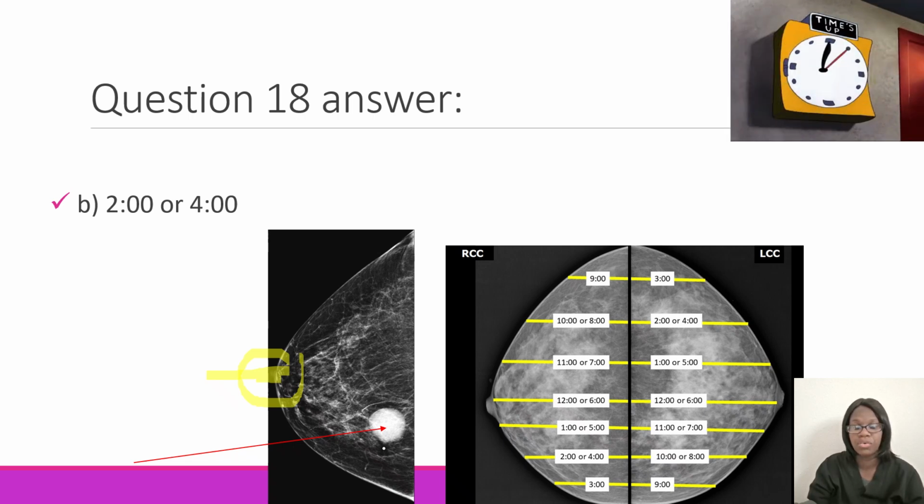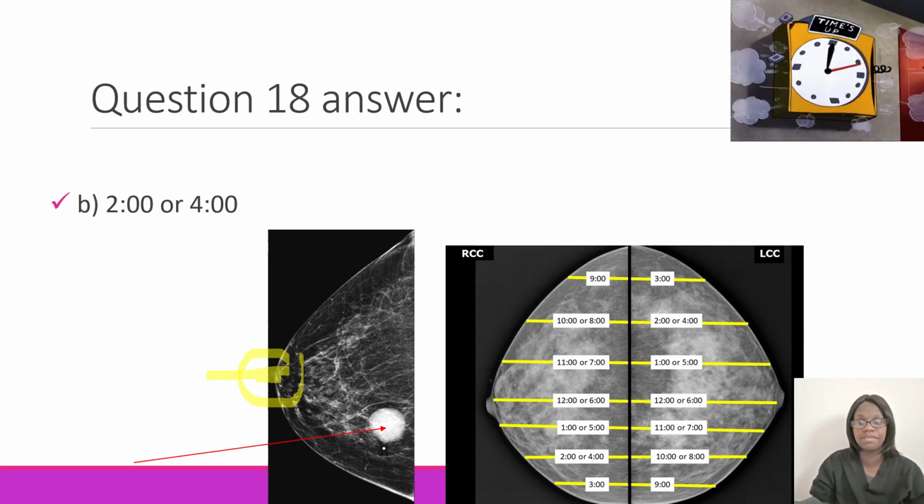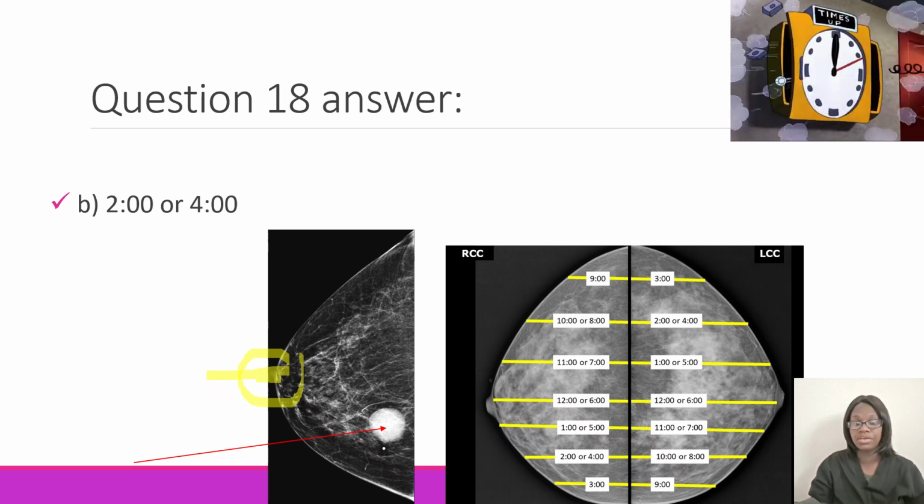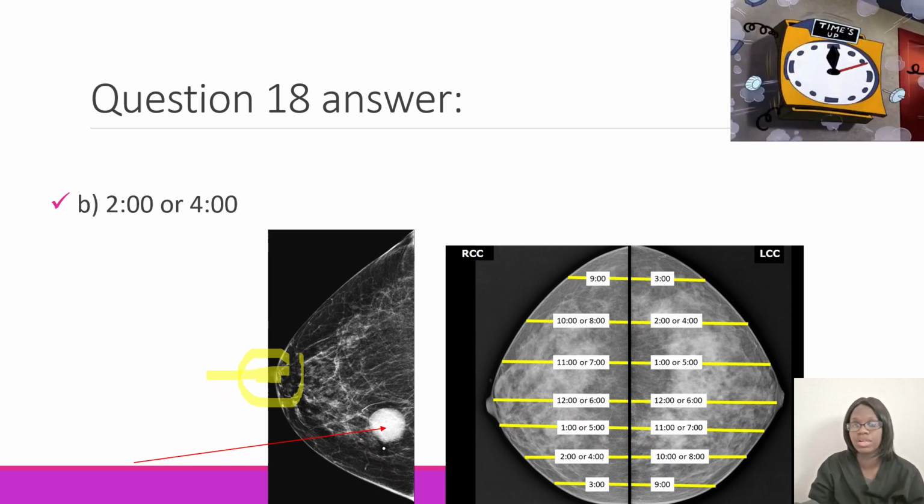Whenever you get to the outer quadrant, once again, you have to be feeling your breast. What's on the outer quadrant? That's 9 o'clock, that's 10 through 11 o'clock. And whenever you are looking in the inner corner, that is 2 o'clock or 4 o'clock. So you have to know your breast and know the clock position.